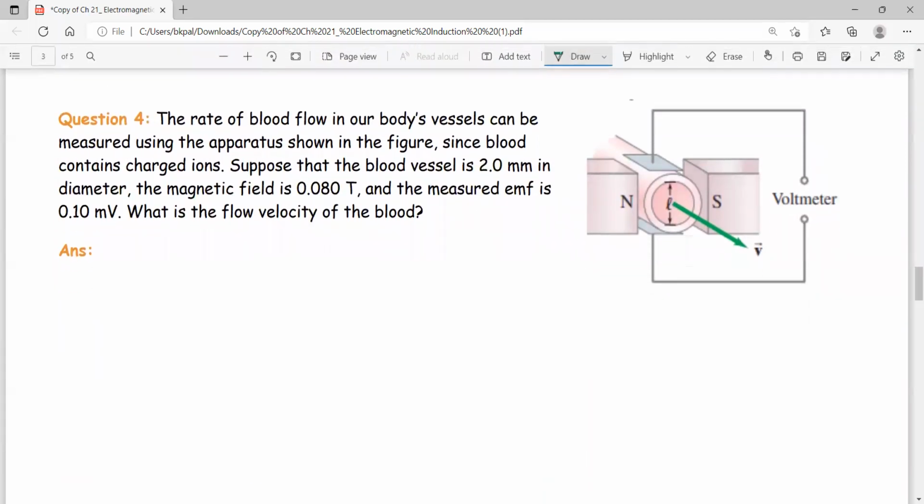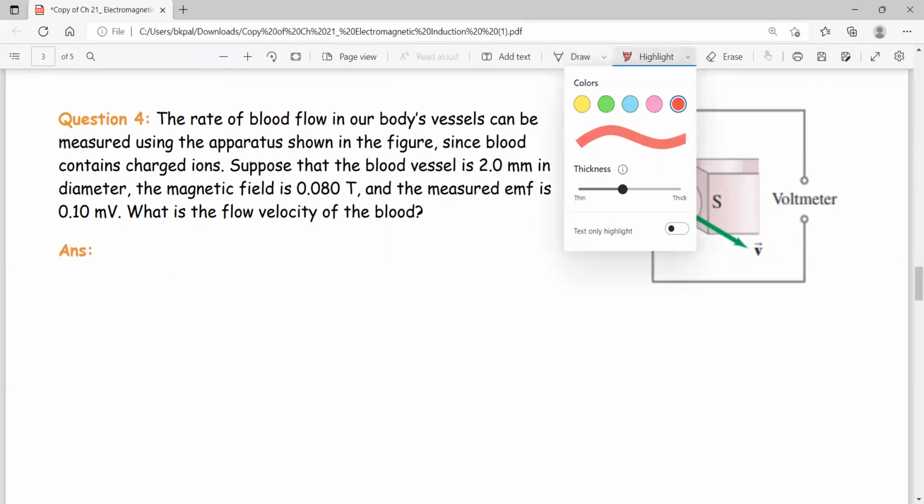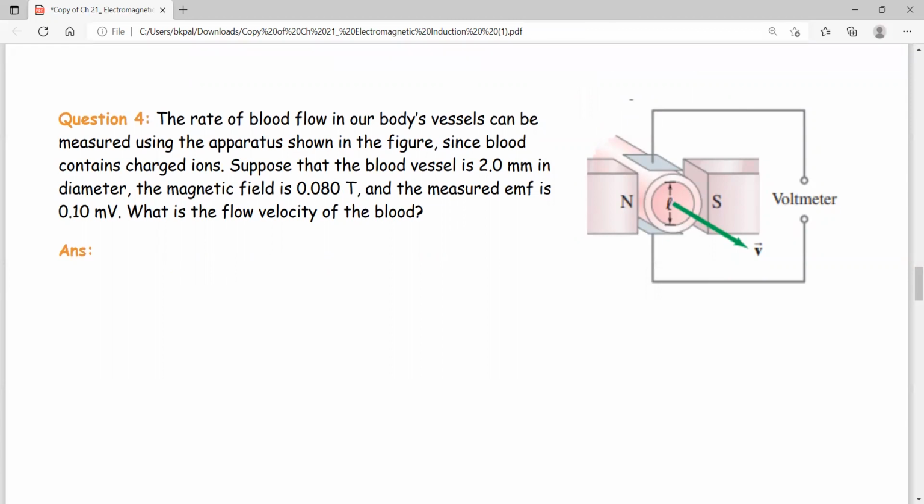What we are given is that the rate of blood flow in our body vessel can be measured using the apparatus shown here. Normally if we want to know the velocity of our blood in the vein, we use this kind of thing.